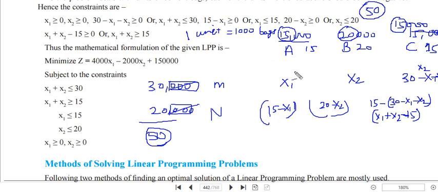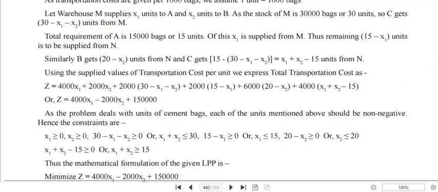These x1 and x2 are the decision variables, and in tabulated form we have distributed this supply and demand, right? The problem statement is written like this, as the transportation cost of bags is like this and like this. The language is different, but I already explained the tabulated form.